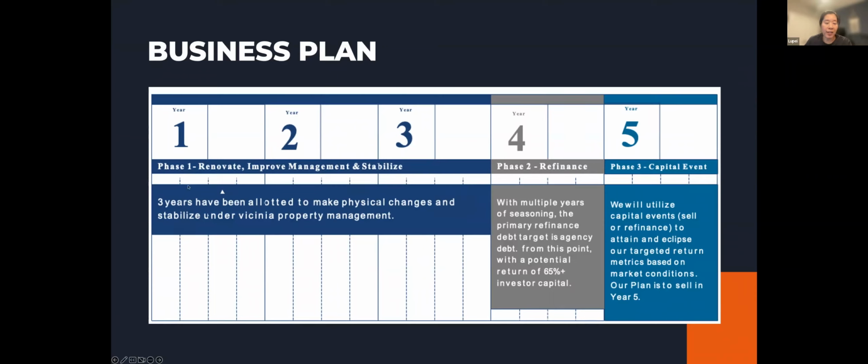The first 3 years are really to improve and stabilize, then year 4 refinance, and year 5 exit. It is a pretty typical business plan for syndication. If you're seeing an offering, this is very standard. Let me know if there are any questions.